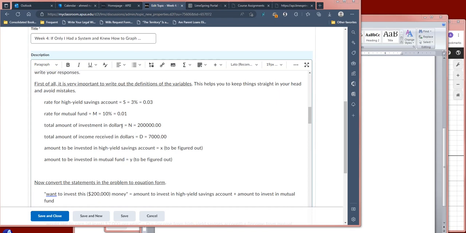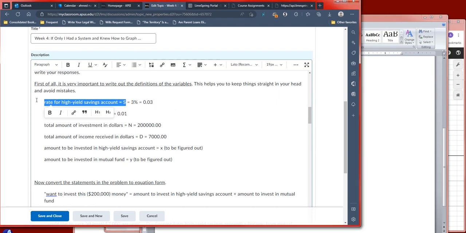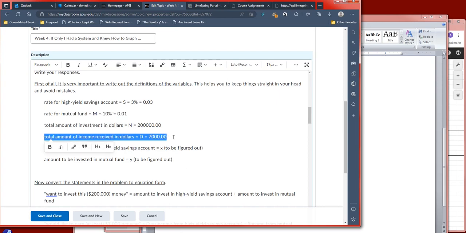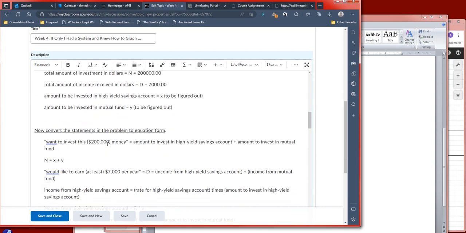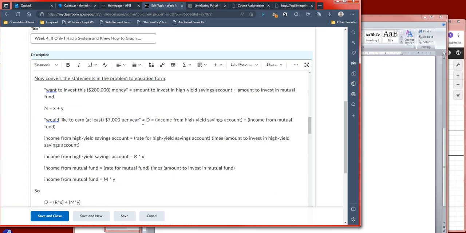The interest rate on the savings account is being represented by capital S, and the interest rate on the mutual fund is represented by capital M. The amount of income to be received is represented by D, and the total amount of investment in dollars that they are going to make is represented by N, and that's equal to $200,000. So this is how we have stated the problem over here.